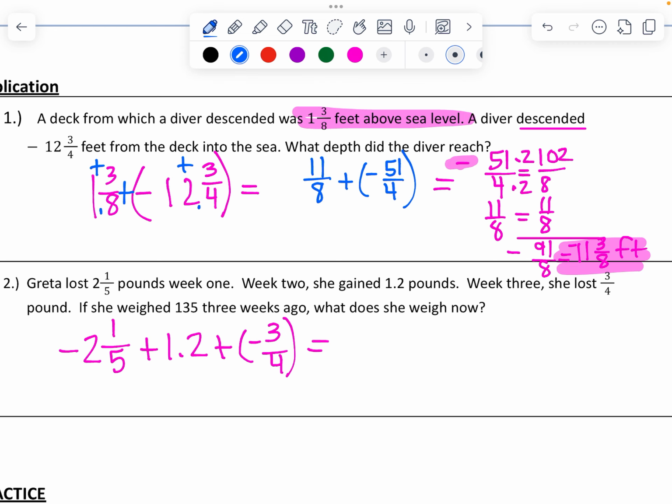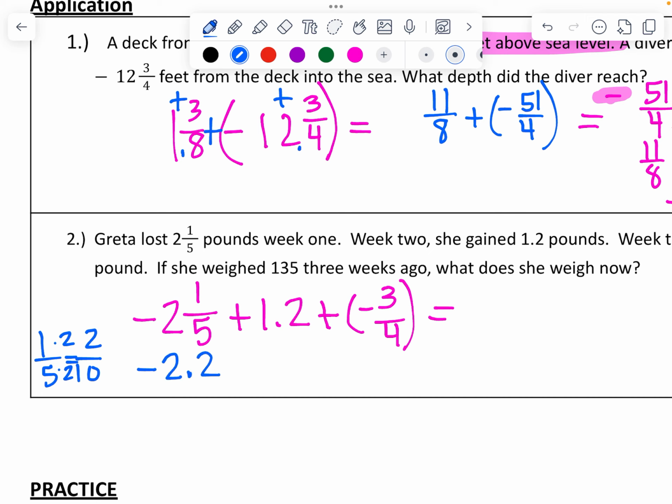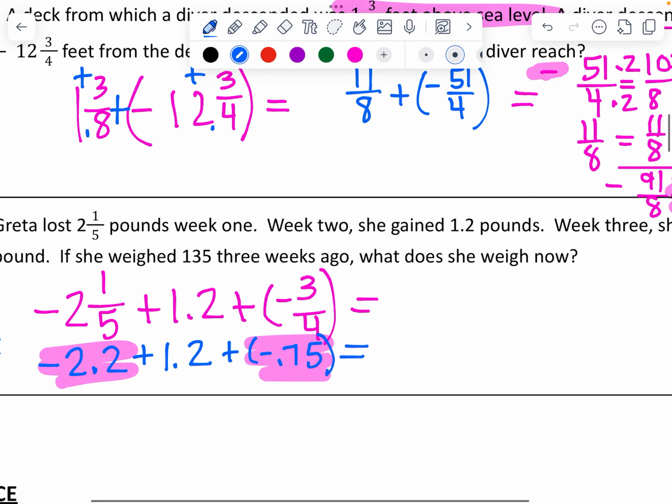Okay, if you don't remember how to do that, I know that 1/5 goes into tenths, which is a decimal place value, by multiplying by 2. That's 2 tenths. So this is really negative 2 2/10 plus 1 2/10. And I know 3/4 is 0.75. Now I can put my two negatives together because I know that I'm going to add those.